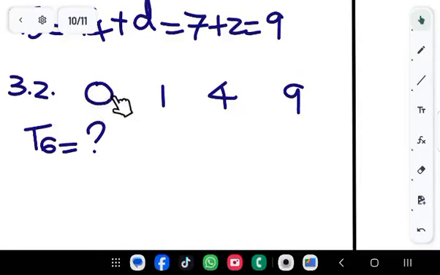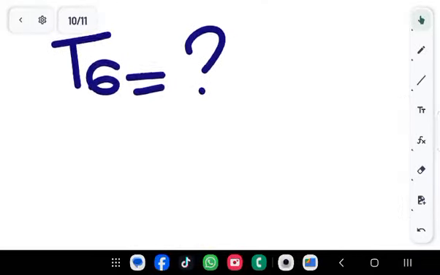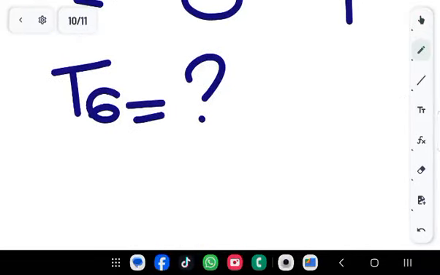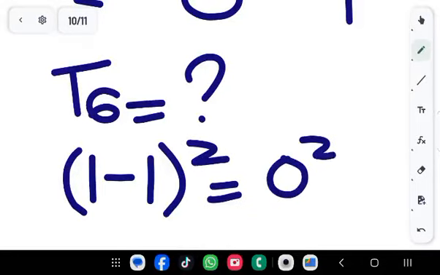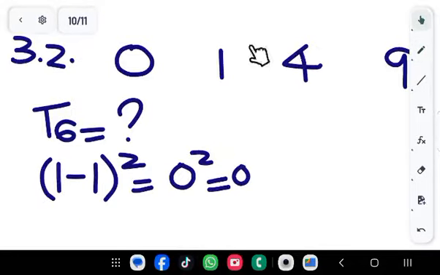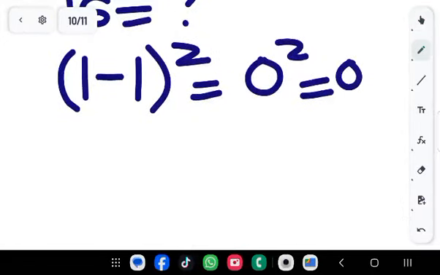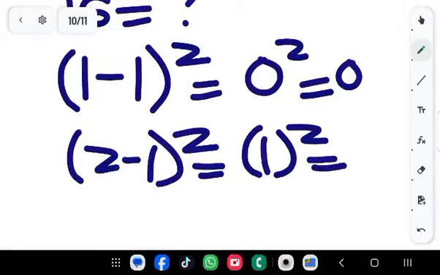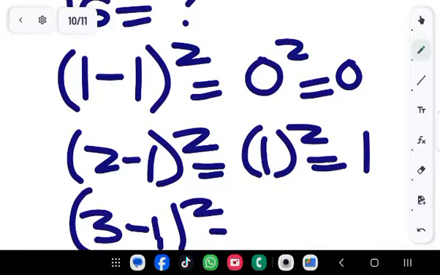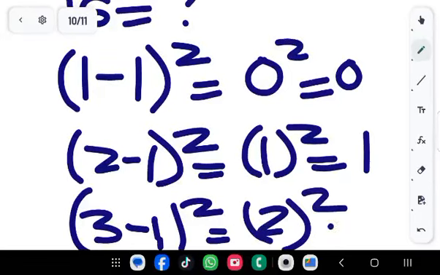But notice here, for term 1, instead of 1, we have 0. How did that happen? So that looks like it was going to be 1 minus 1 all squared, which will give us 0 squared, which is 0. For the next one, 2 minus 1 all squared is 1 squared, which is 1. And then 3 minus 1 all squared will be 2 squared, which is 4.